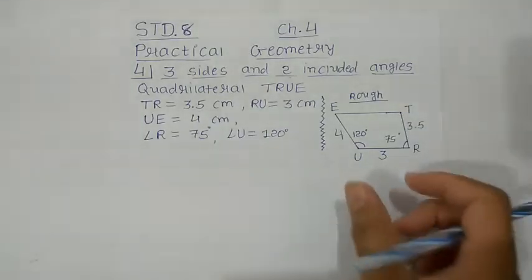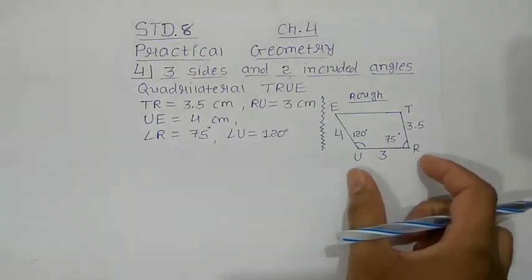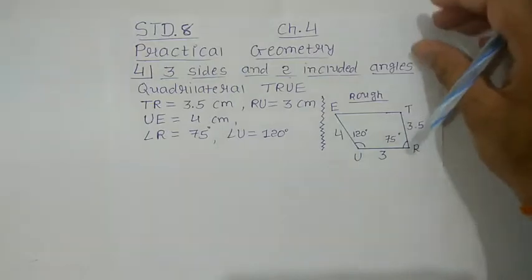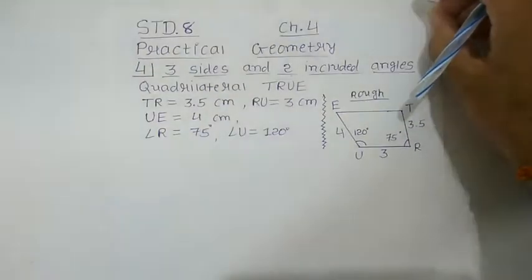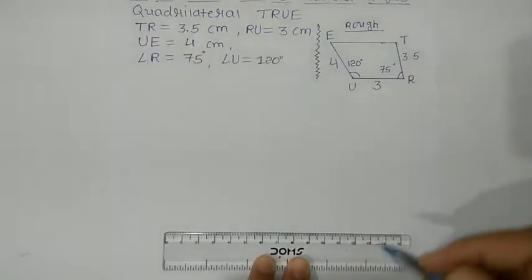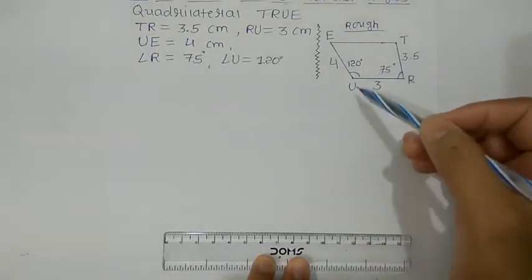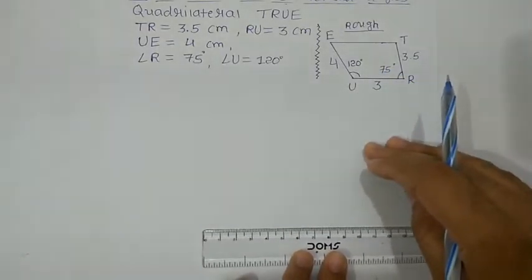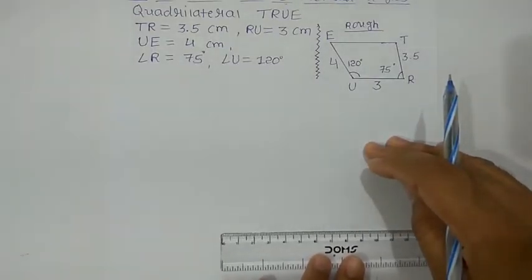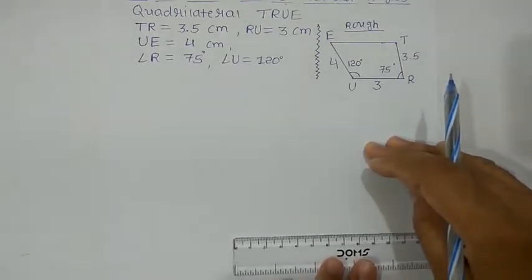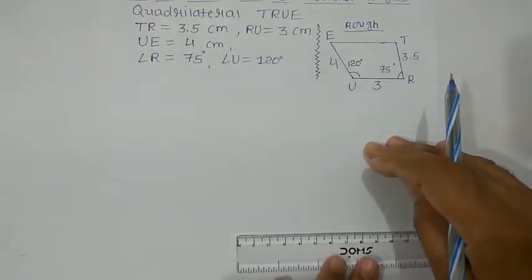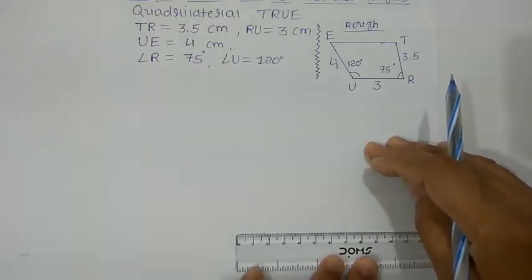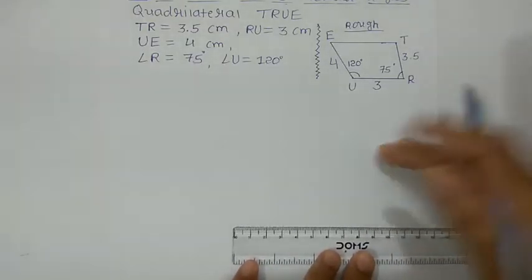So let us start from this base side, that is UR. Okay, first of all we have to draw a 3 centimeter line segment. So here is the scale. We have to make a 3 centimeter line segment.